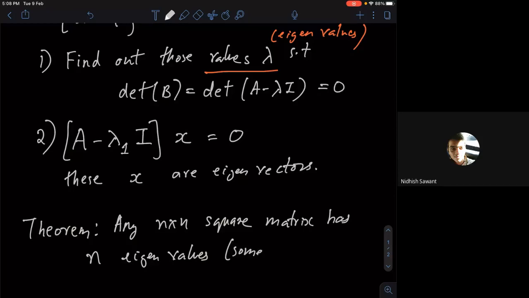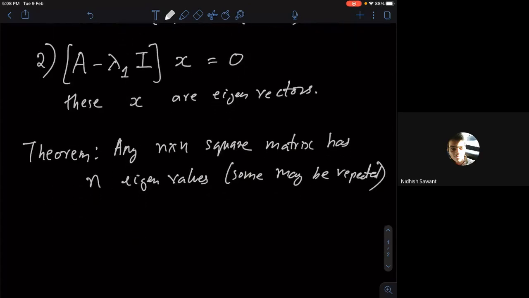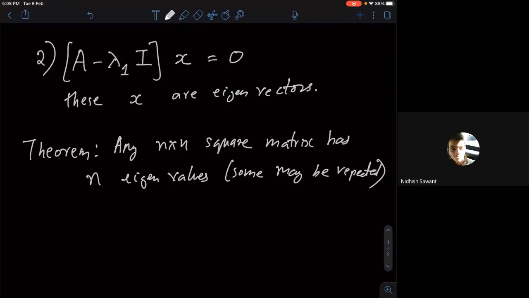Some may be repeated. Okay, and so this is fine. This all looks good. So algebraically, this is all fine.